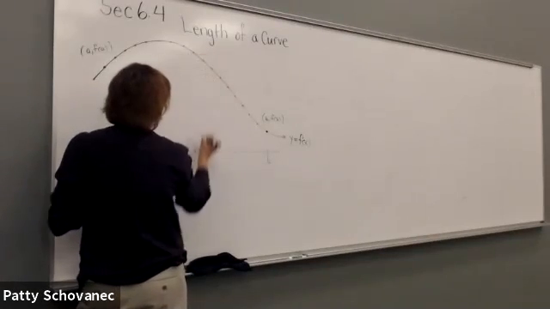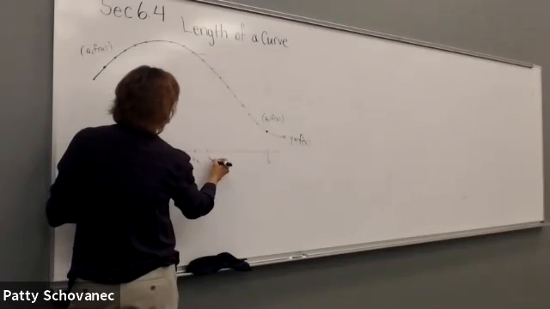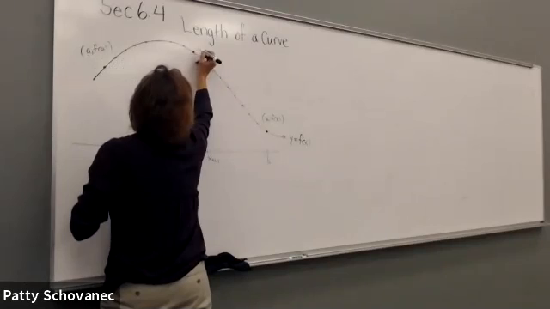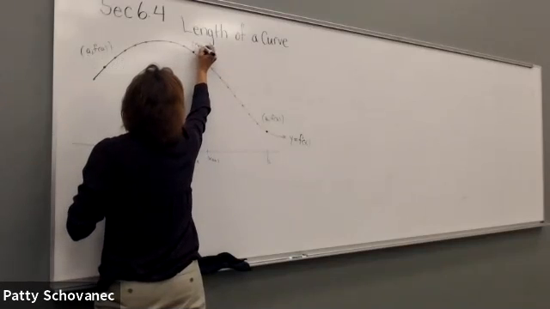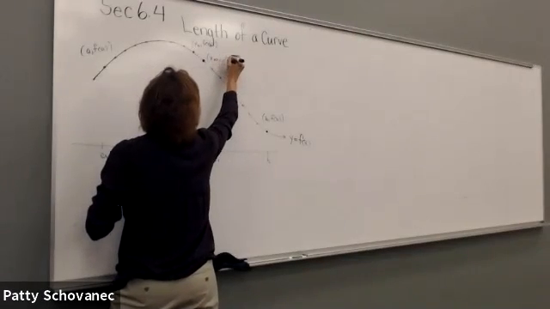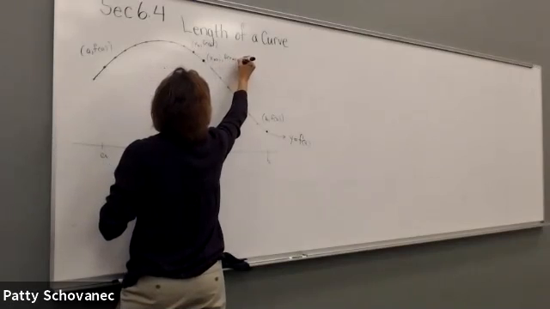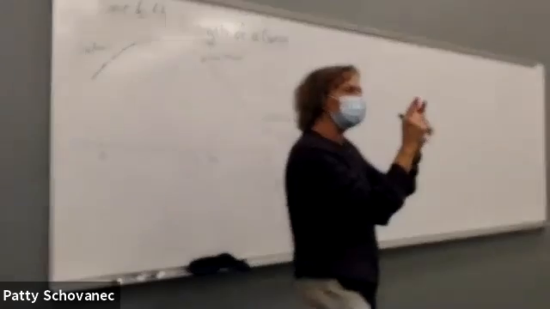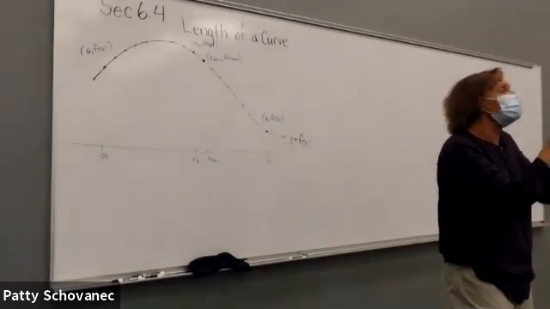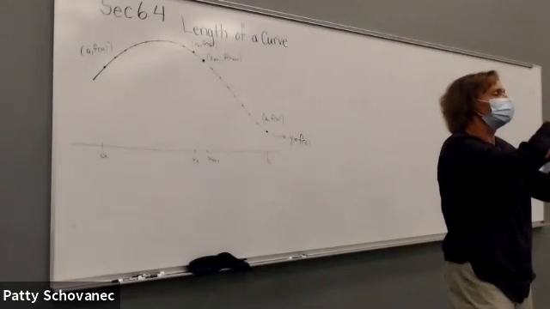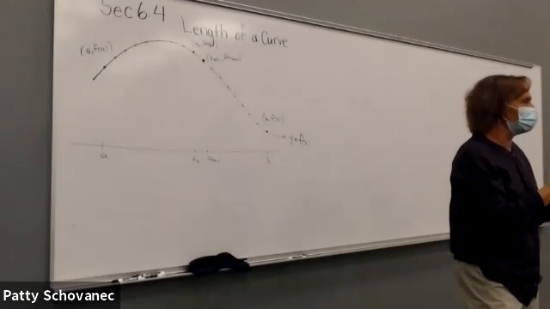Say that this corresponds to xk and xk plus 1, so that the ordered pair here is xk, f of xk, and the ordered pair here is xk plus 1, f of xk plus 1. I have those points close enough together so that the distance between them is the linear distance between them. Those points are on a curve, but when we're close enough, that curve looks like a straight line.